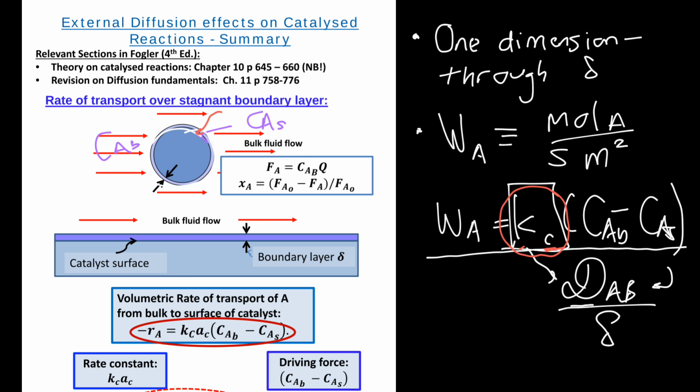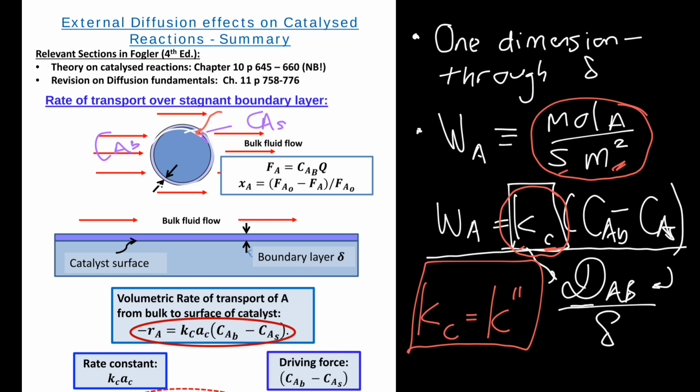Since this is a flux that gives us moles of A diffusing per second per meter squared external catalyst surface, we must realize that k_c is a k double dash kind of rate constant. It is based on the external catalyst surface area.